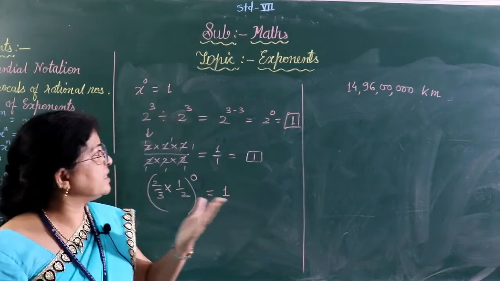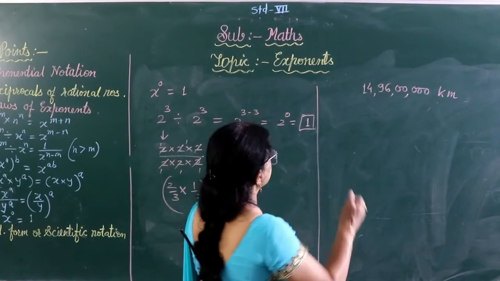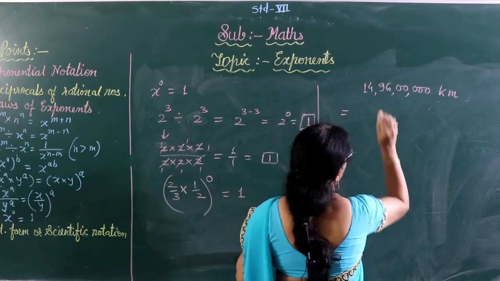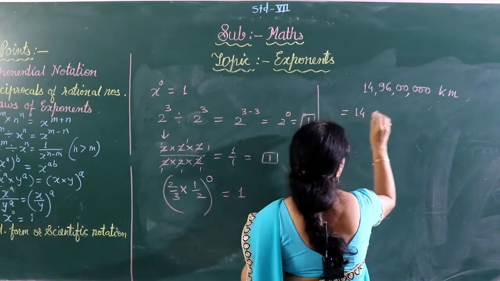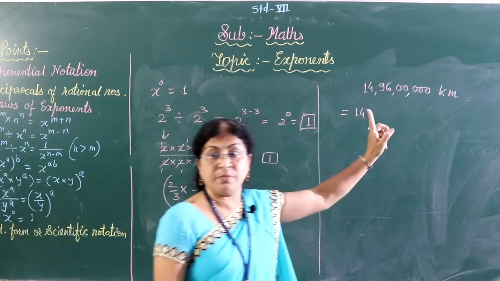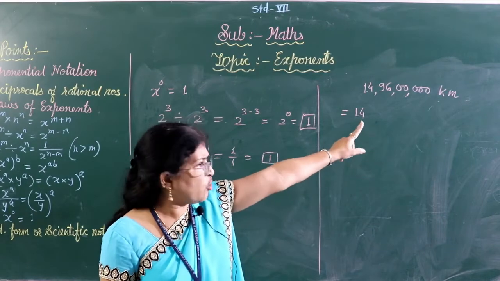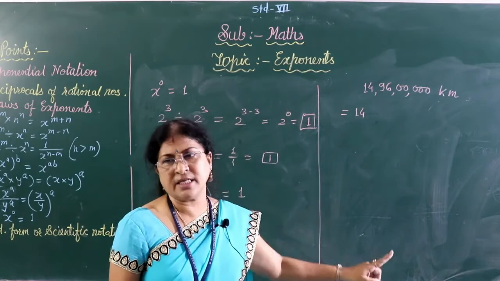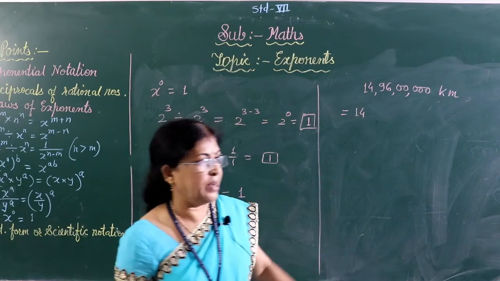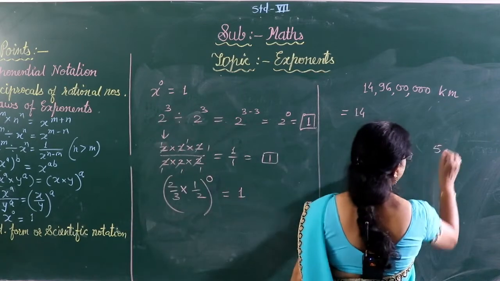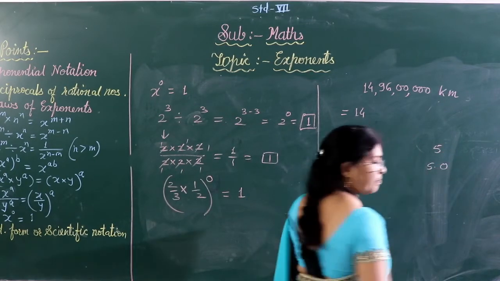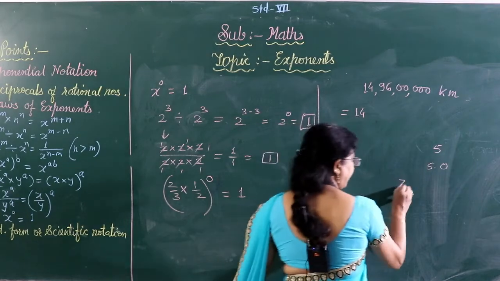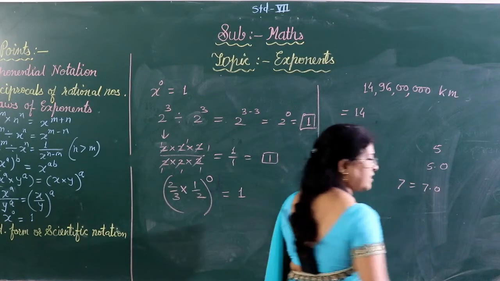I will show you how it is expressed in another way. This number has no decimal point shown, but there is always a decimal point after the number. For example, 5 we can write as 5.0, and 7 we can write as 7.0.